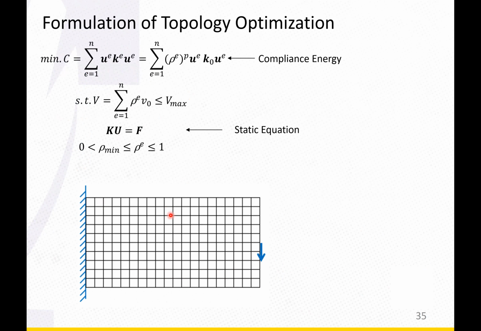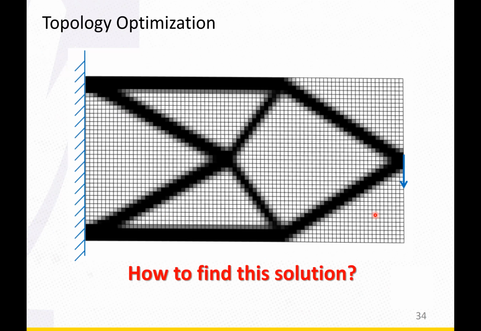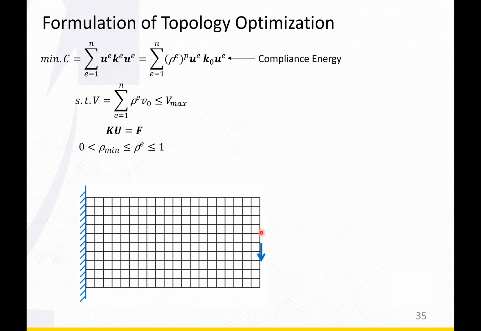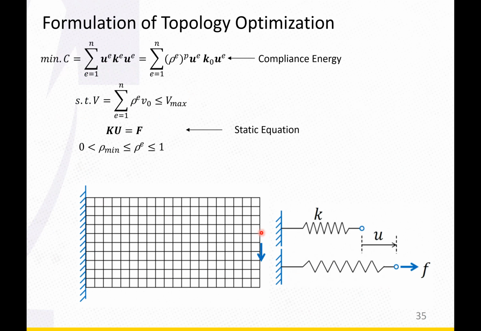Otherwise, we think it is a solid grid. So by doing this, we will have all the material distributions on all the grid. And eventually, the result is this one. So that is the concept of topology optimization.